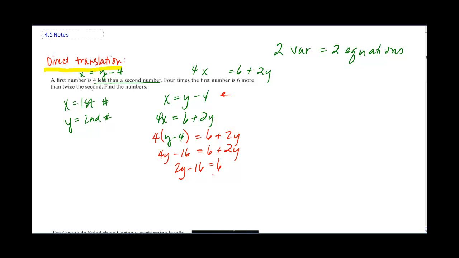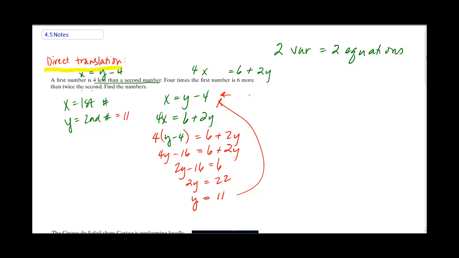Now I'm going to add 16 to the right hand side, and I get 2y is equal to 22. Divide both sides by 2, and I find out that y is equal to 11. So my first number is 11. Now we need to go back in, plug it into this first equation to find out what x is.